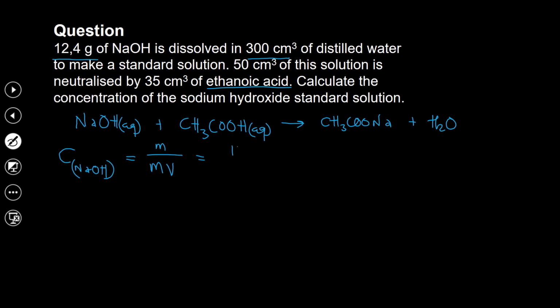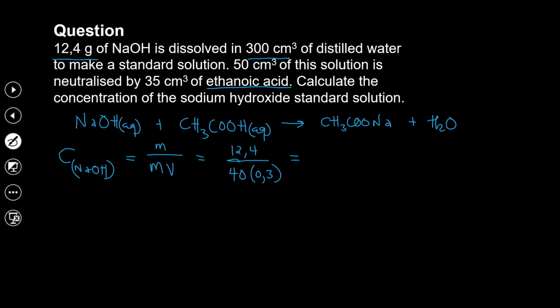Then we've got 12.4 grams divided by 40, where 40 is the molar mass of sodium hydroxide, times the volume in cubic decimeters, 0.3. So this is the concentration of sodium hydroxide.